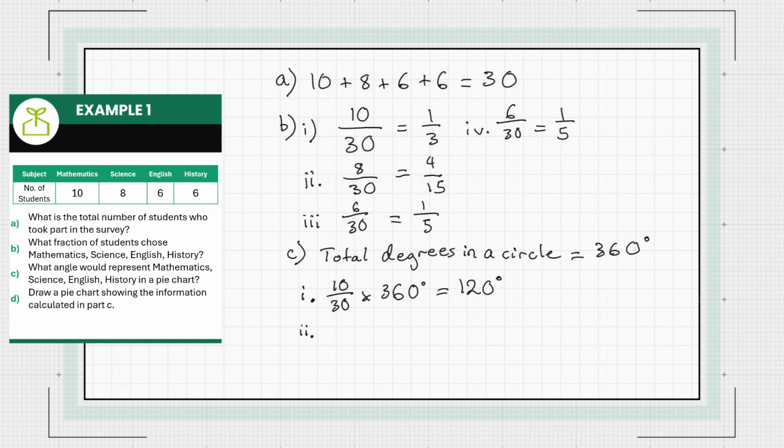For our next one, we just do exactly the same thing. We take our fraction and multiply it by 360. So for science, where we have 8 out of 30 students, we would multiply this by 360 degrees and we would get 96 degrees.